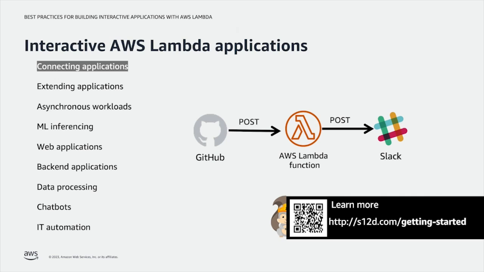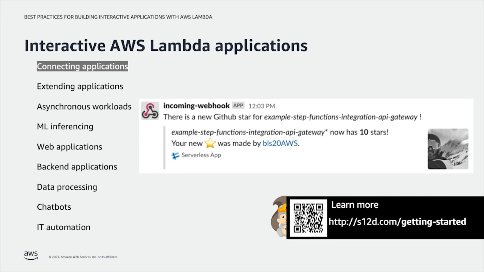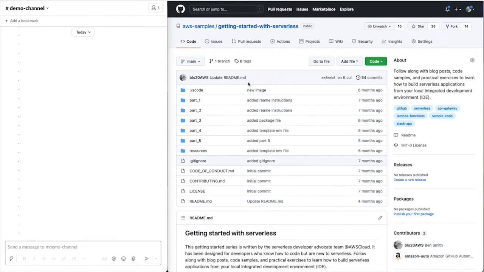So what this does is, whenever someone puts a star on a GitHub repository that I've applied this application to, that will create a message in a Slack channel for me that looks something like this. It says, hey, there's a new GitHub star on your repository, and this now has 10 stars, and it tells me who made the star in GitHub. Here's that application in motion just really quickly.